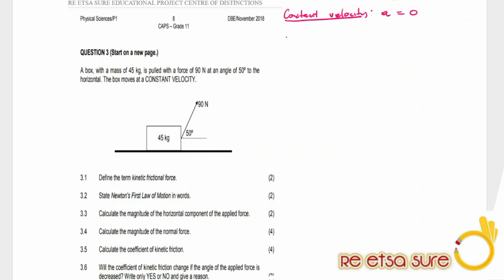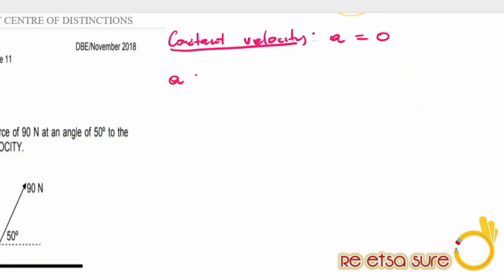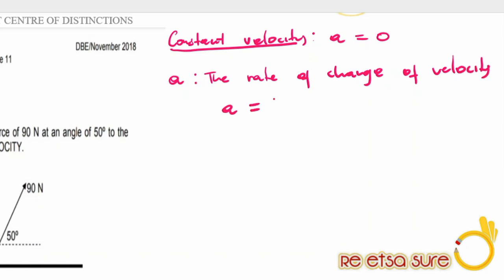Remember, from grade 10, acceleration is defined as the rate of change of velocity, meaning a is equal to Vf minus Vi all over change in time.